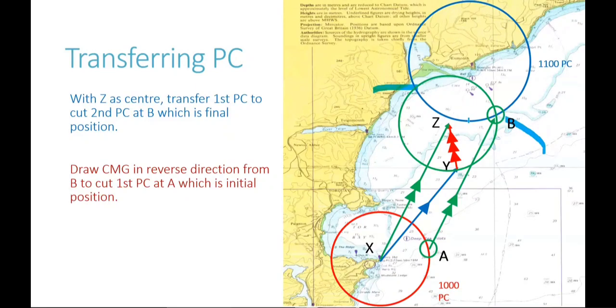So if these 2 points are close to each other, the angle of cut is also going to be very small in that case. That is where the accuracy gets affected. So in that case, you should try to get another position line or a position circle or a celestial PL which can support your position choice.